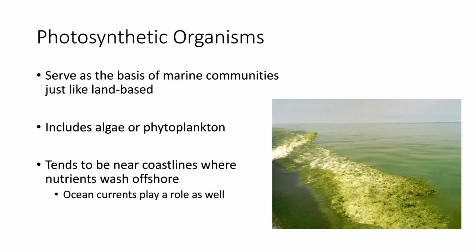Oftentimes with these, what we're going to be looking at is things like algae or phytoplankton, which are just very tiny plants that are just floating around there. And where we're going to see these occur a lot is near the coastlines, because just like the plants, these photosynthetic organisms are also going to need nutrients. And what we're going to see at the coastline is we'll often see some of these nutrients just wash off into the water, so into the ocean or sea, whatever it may be.